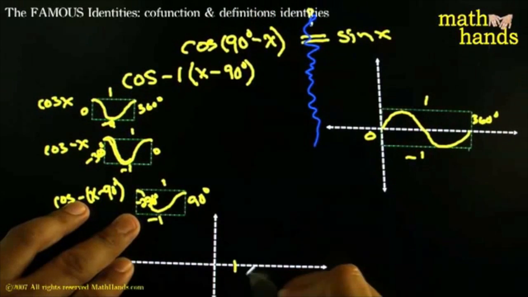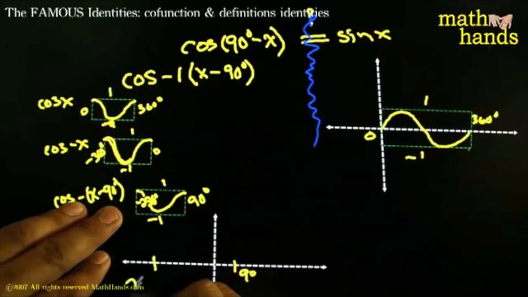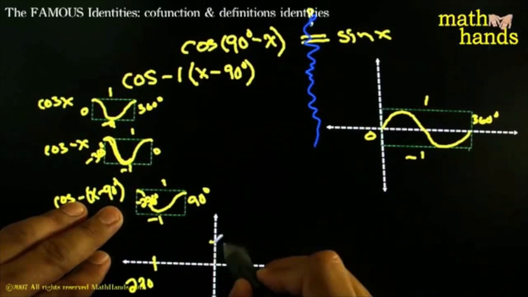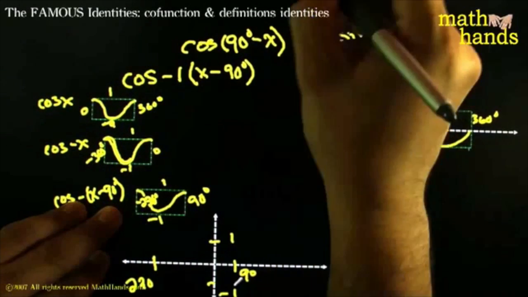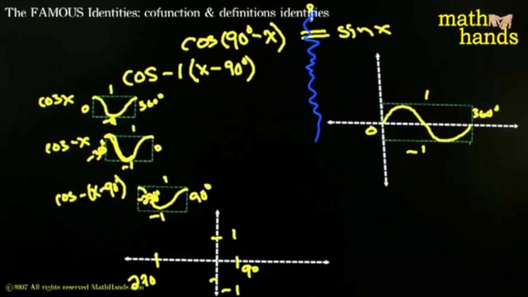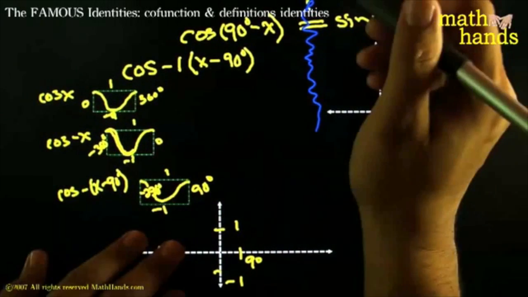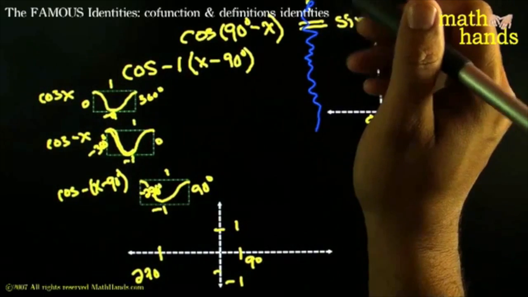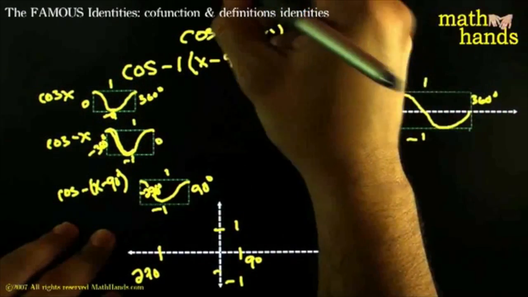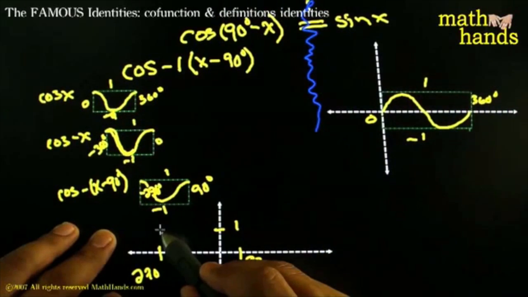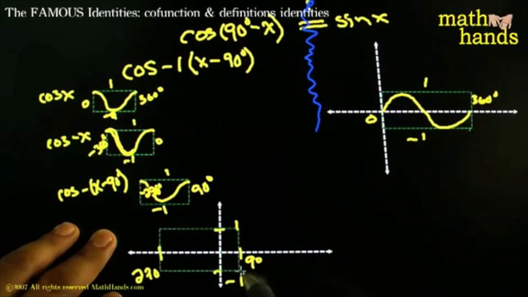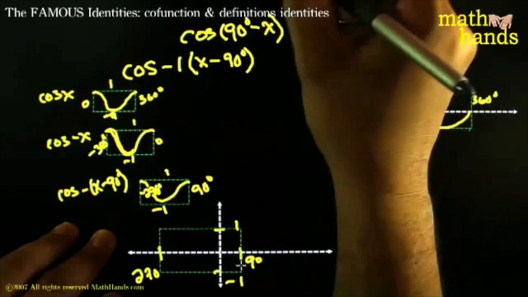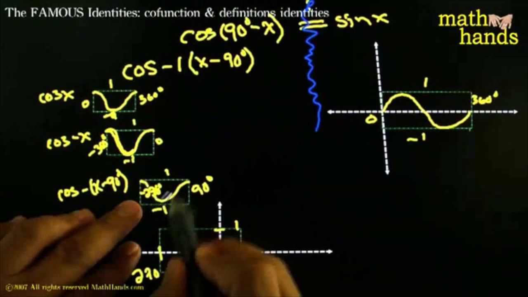They go from 90 to 270. They go from 1 to negative 1. Can you see that? Yeah, you guys can see it. And I make my box. And now I fit my graph as it appeared here.